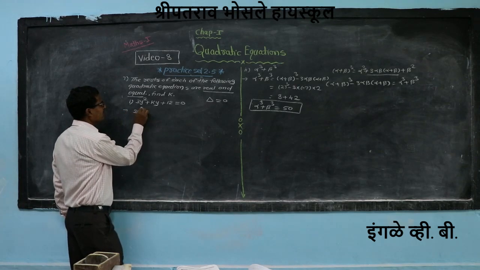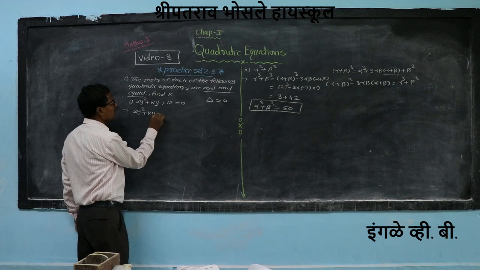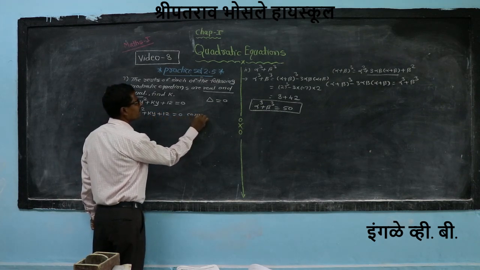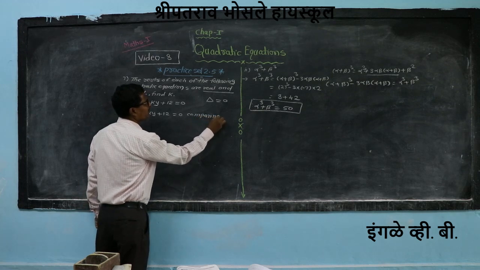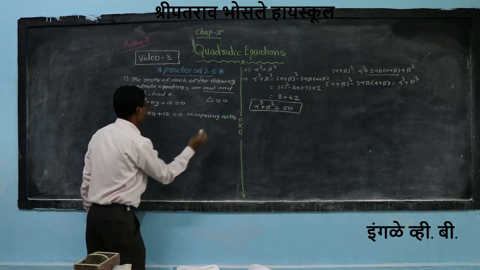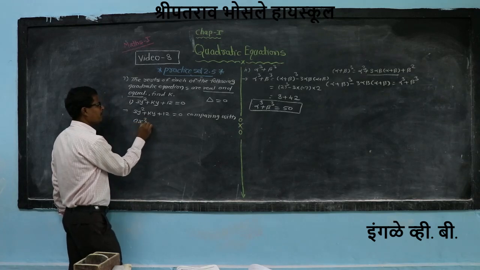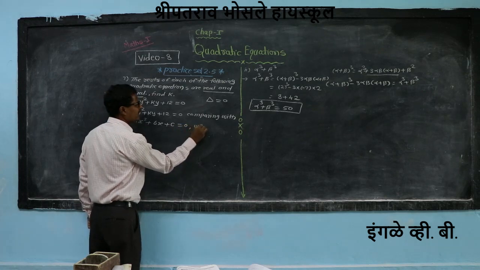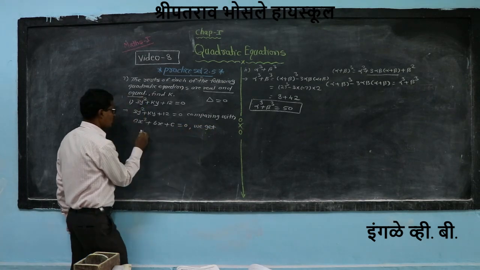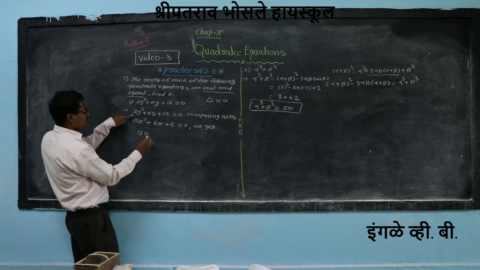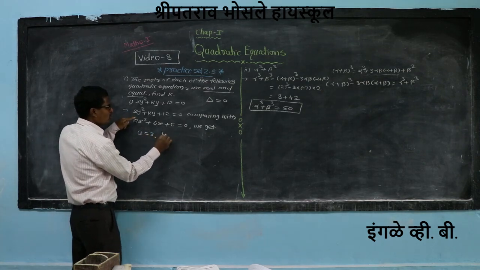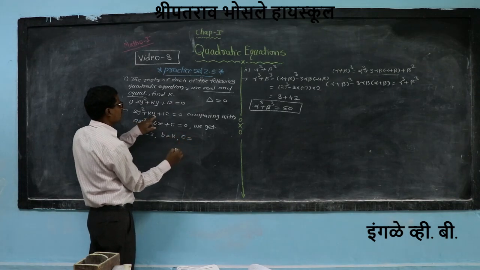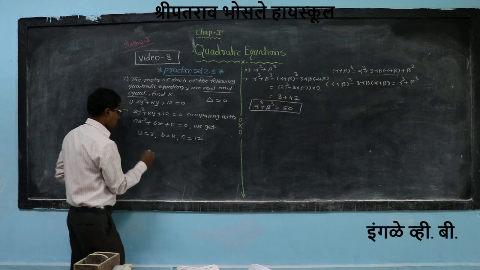Now 3y square plus ky plus 12 is equal to 0. Comparing with ax square plus bx plus c is equal to 0, we get the quadratic coefficient a is equal to 3, the linear coefficient b is equal to k, and the constant term c is equal to 12.